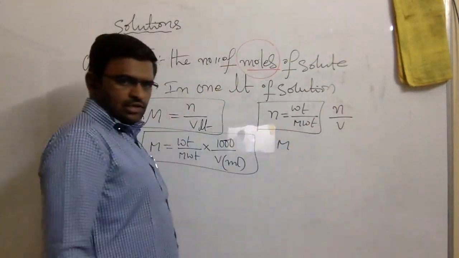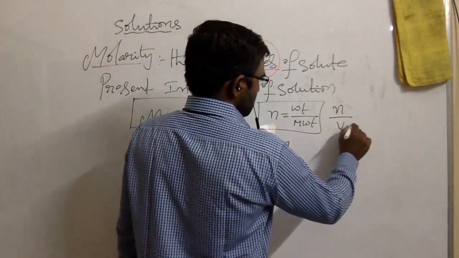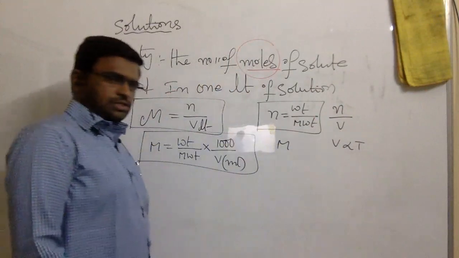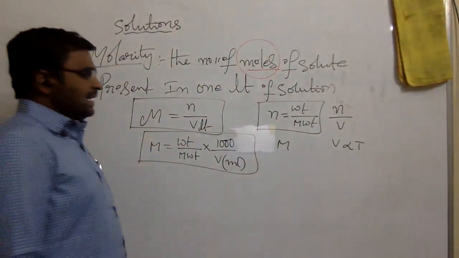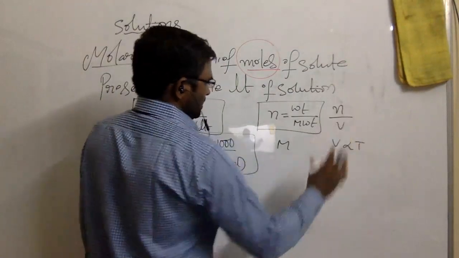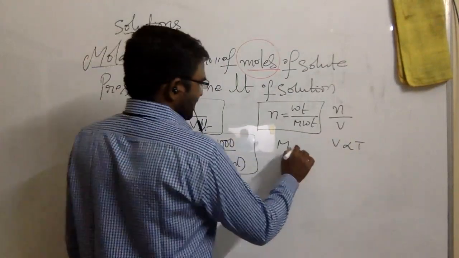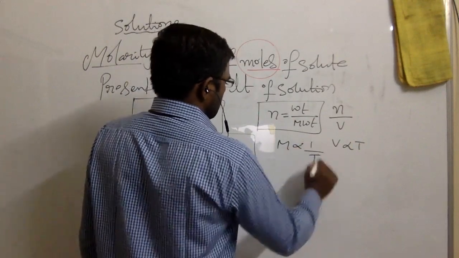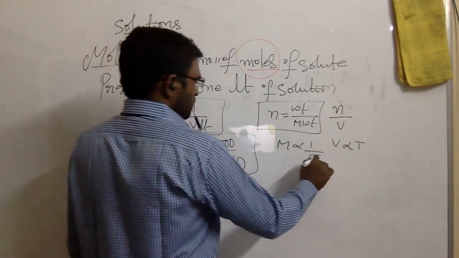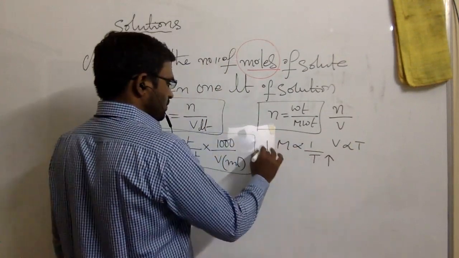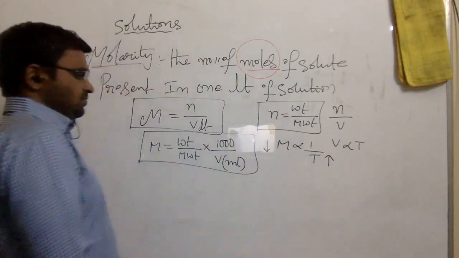According to the gas laws, volume is directly proportional to temperature, according to Charles law. So the relation between molarity and temperature is inversely proportional. If the temperature rises, then molarity will decrease.